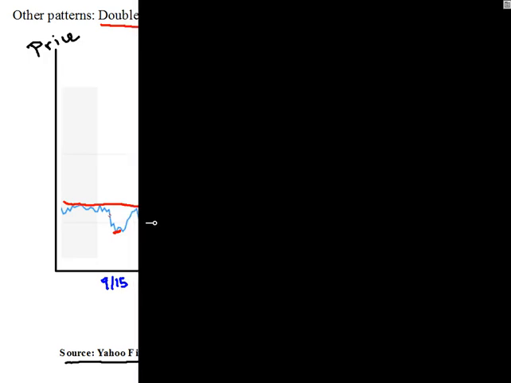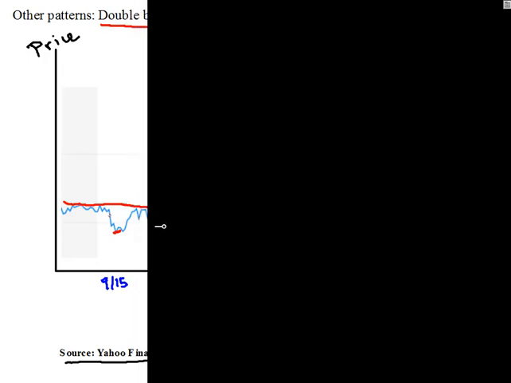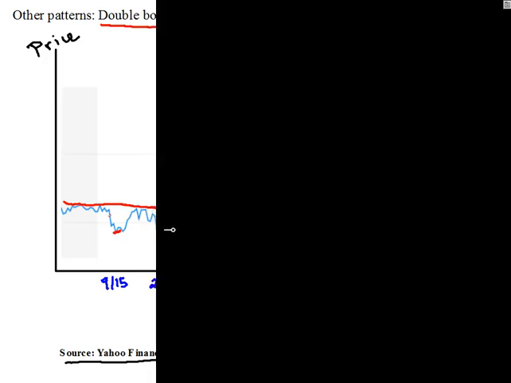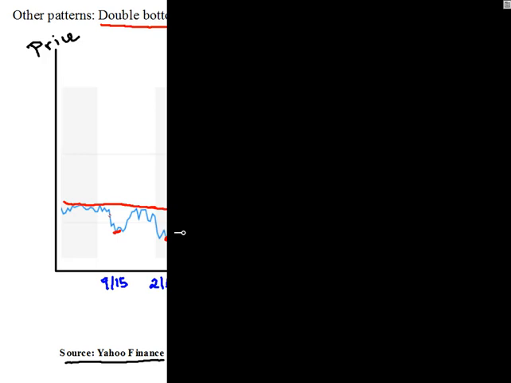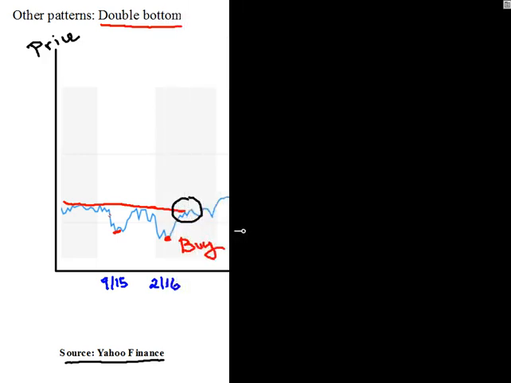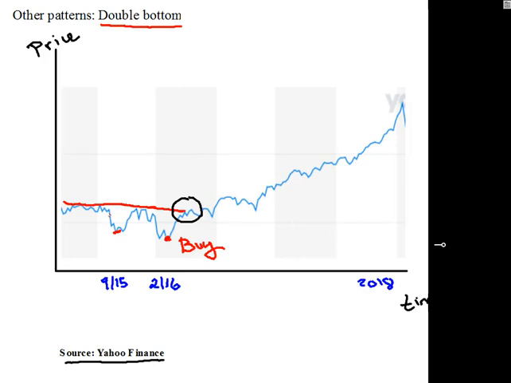You were watching the market rally up, and then the market started going back down. Then you would say, oh, maybe it's going to be a double bottom. And then it comes back down, and you say, okay, I'm going to make a purchase. In this case, it did work out, and the market did go to new highs. So we just have to keep that in mind. Hindsight's always 20/20. It's a lot harder trying to look into the future.